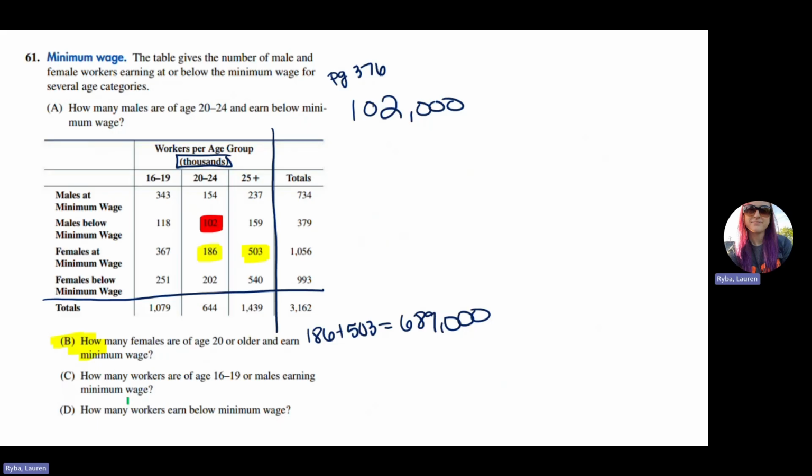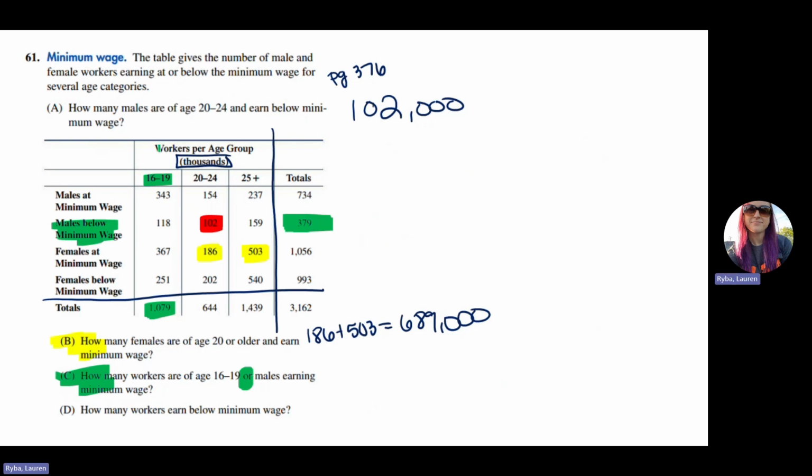All right, how many workers are of age 16 to 19? So here's this 16 to 19. All of these guys. All of them. Or males earning minimum wage. So males earning minimum wage, here's their total.